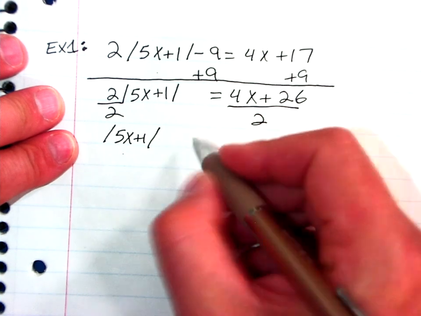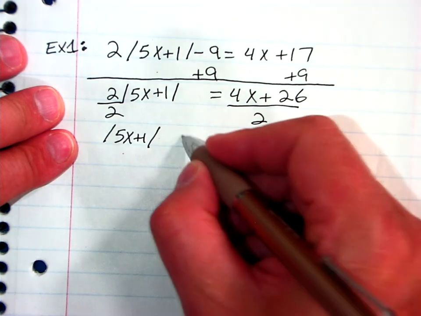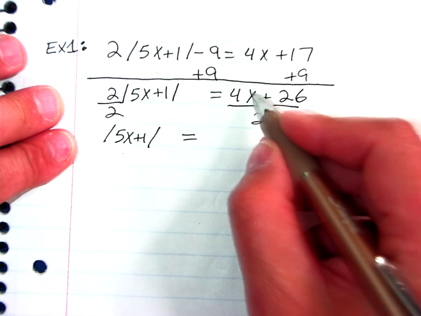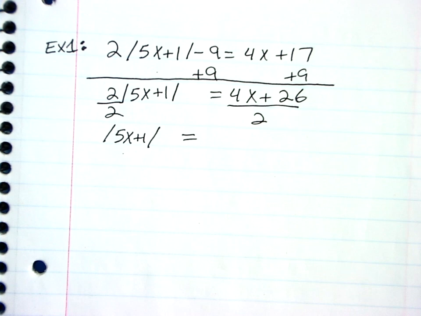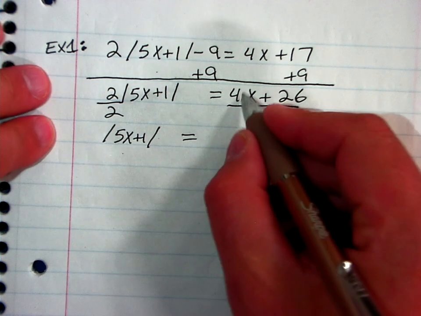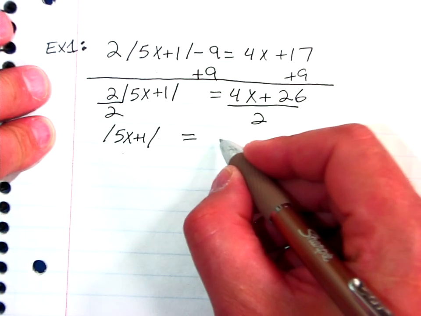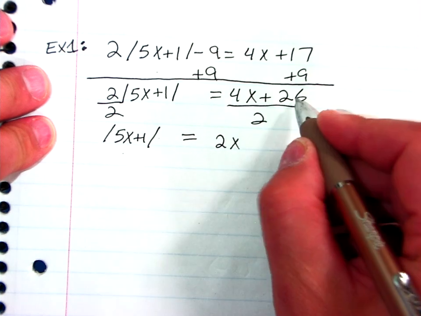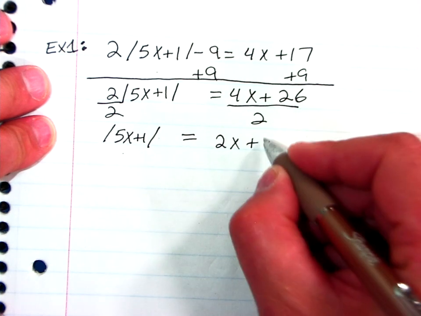So now we have the absolute value of 5x plus 1 equals, what does the 2 go to? The 4x, the 26, or both? I like both. 4x divided by 2 is 2x, and 26 divided by 2 is 13.